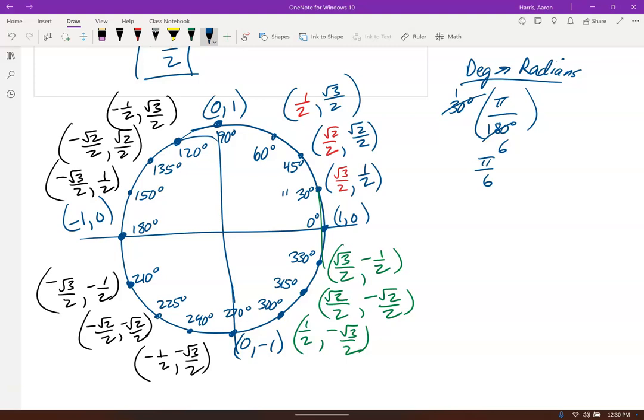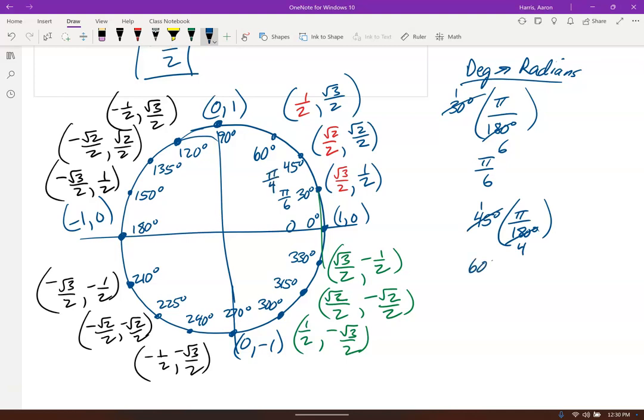So 30 degrees is pi over 6 radians. 0 degrees, of course, is 0 radians. Now I do the next one. 45 degrees times pi over 180 degrees. That's 1/4. So pi over 4 is 45 degrees.